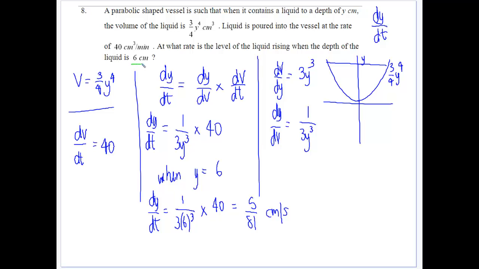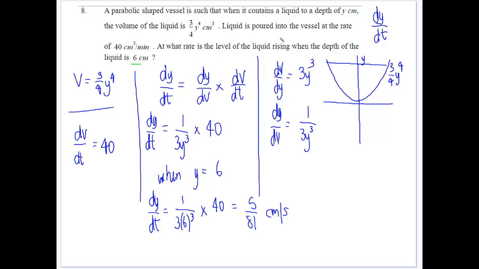So what does that mean? Well, we've got a volume in this parabolic cup of 3/4 y to the power 4, and we want the rate the level of the liquid is rising. So if we use that as y, we want to find dy dt.